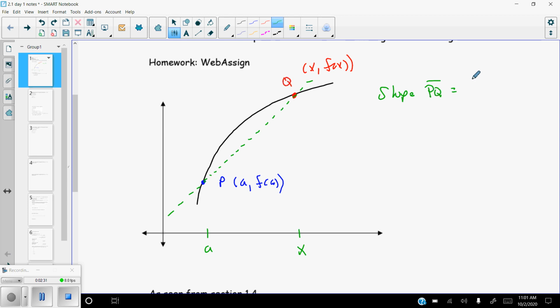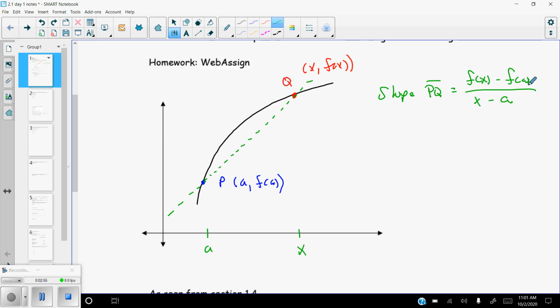So y2, f of x, minus y1, f of a, over x2, which is x, minus x1, which is a. That's the slope between the 2 points P and Q.